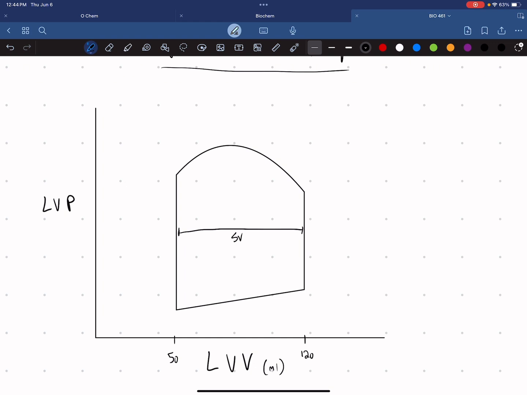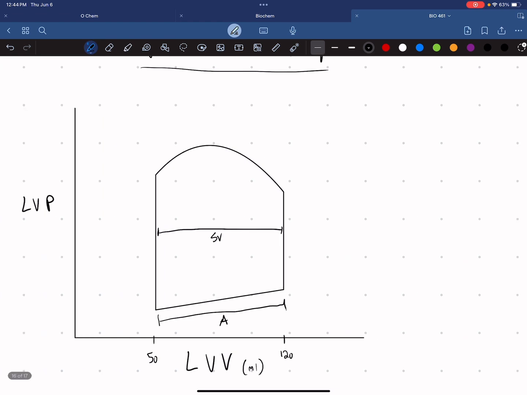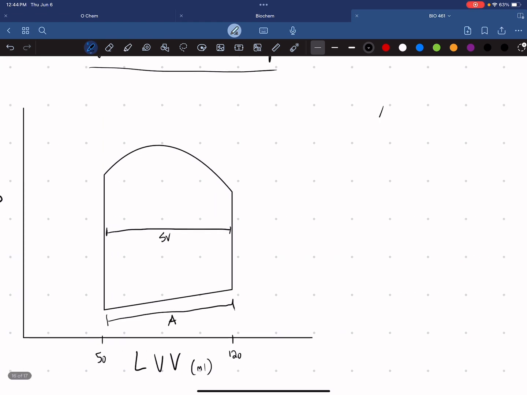So first, I'm going to label this section here, where the volume and pressure are slightly increasing. Label this as A. And we'll make a key over here to talk about each one of these things.